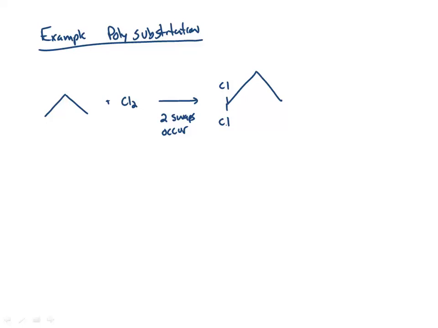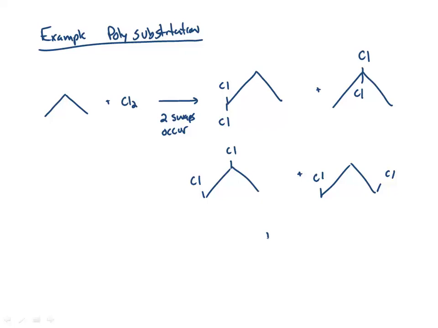So I could add two chlorines to the first carbon. I could add two chlorines to the second carbon. Can I add two chlorines to the third carbon? No. But now I can add, say, one to the first one and one to the second one. And I think that's it for combinations. Oh, plus the HCl, of course. And so notice that there's 4 products for that.